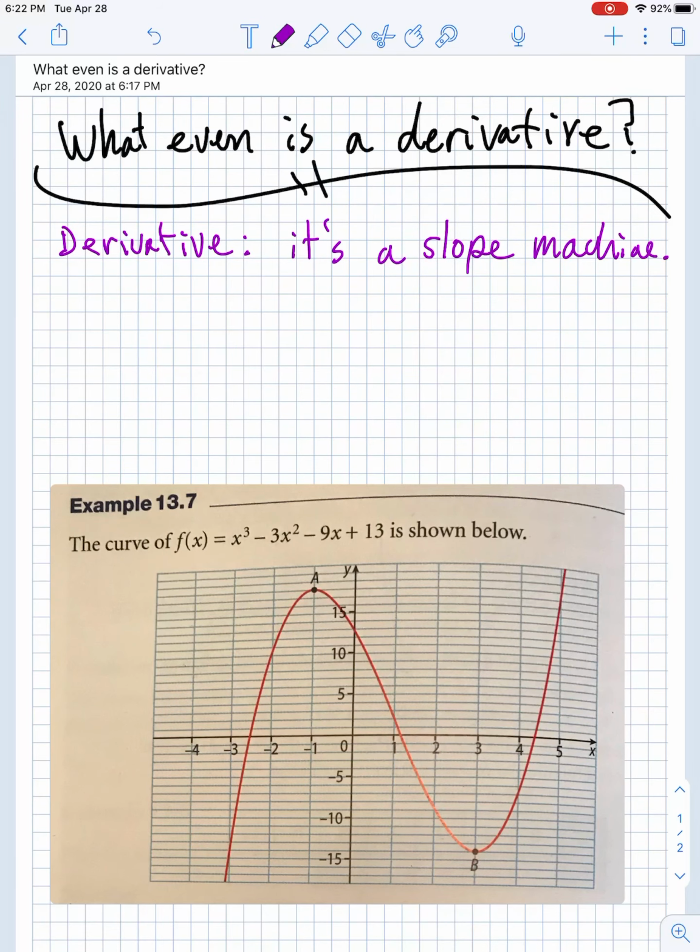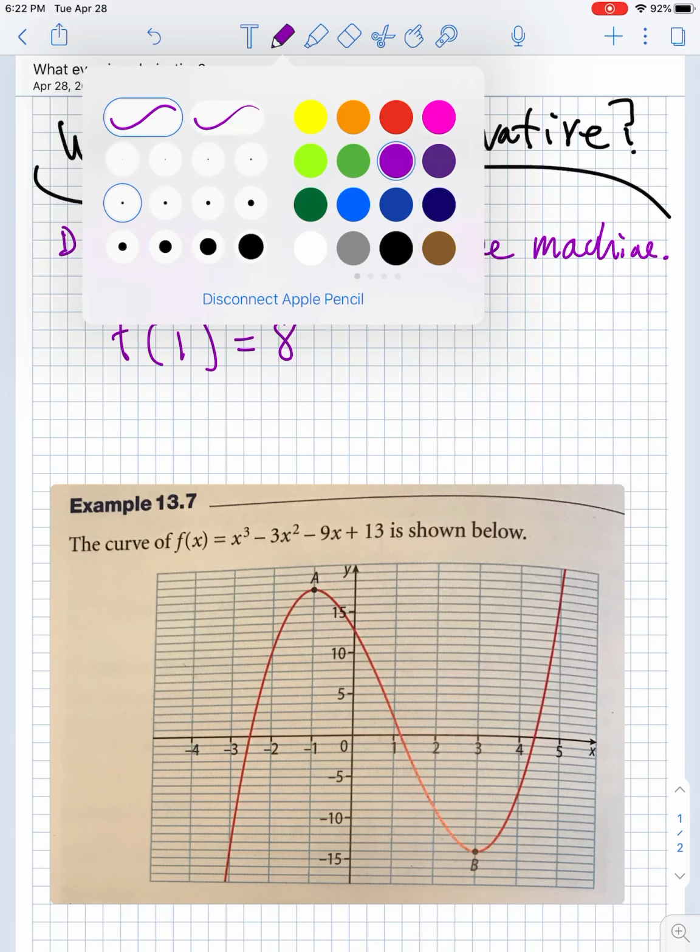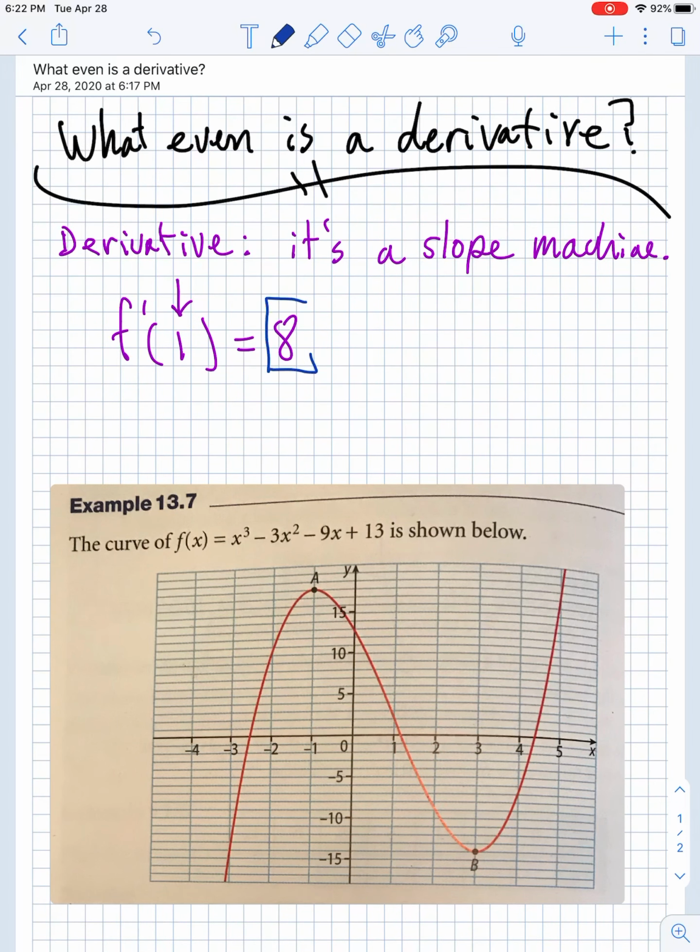It's just a machine where if you put a number into a derivative, so if you have f prime of some machine and you feed a 1 into it and then you get an 8 out of it, that 8 is a slope of a tangent line.